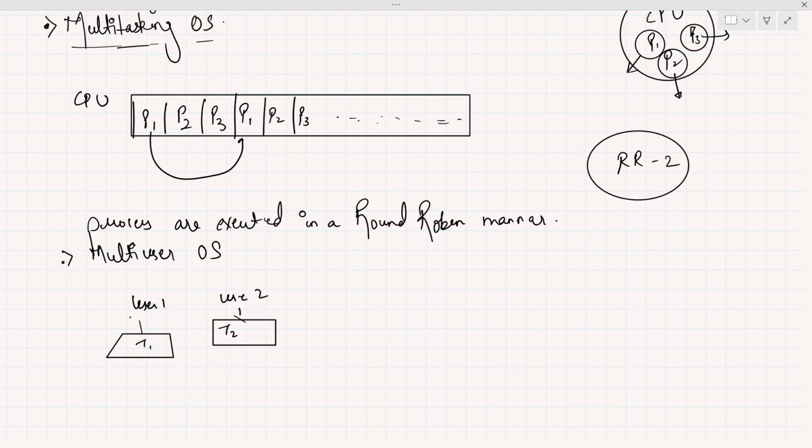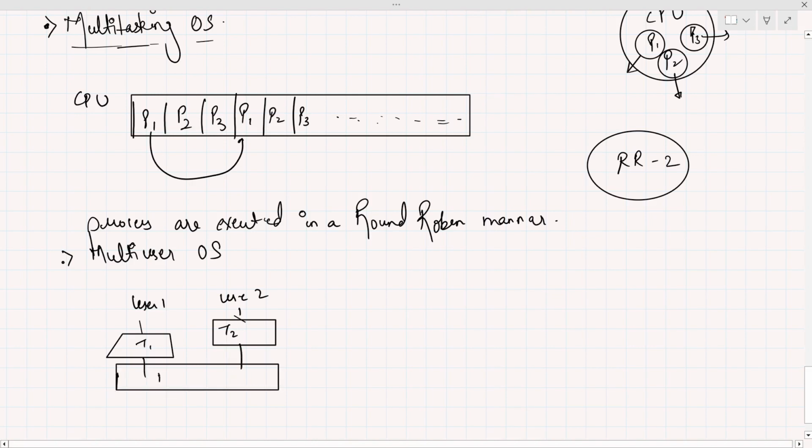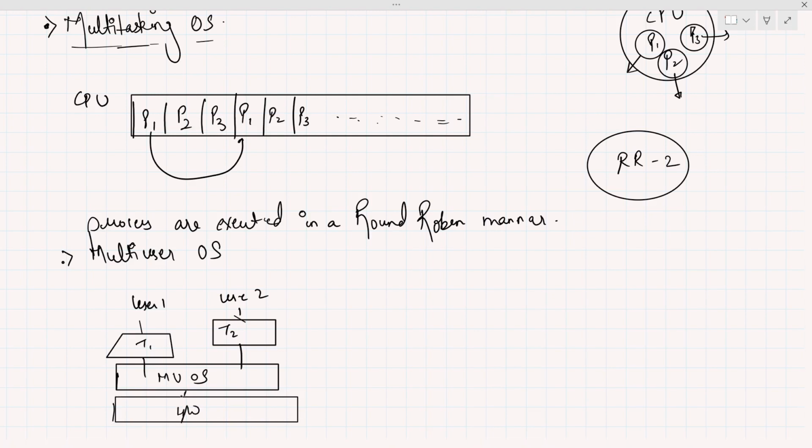That something is called a terminal, and the input and output operations go through it. These terminals are connected to the multi-user operating system, which coordinates with the hardware, and whatever the user does is reflected on your screen.